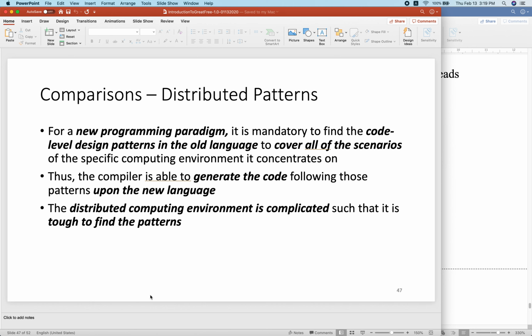But in my case, that's different. We can use the design patterns I propose directly. We just modify some specific variables, specific messages, as well as specific threads, but the overall architecture is the same. We can show that in later cases.